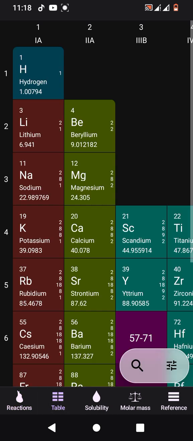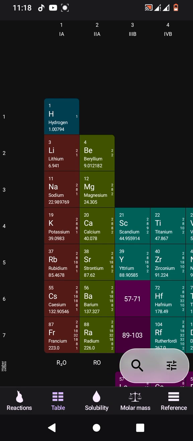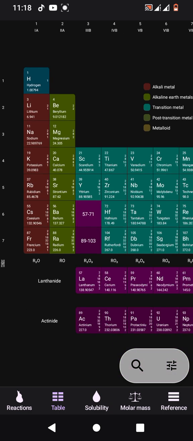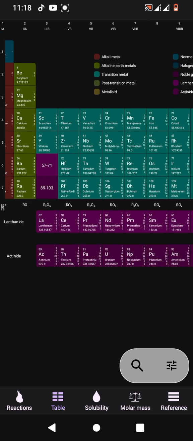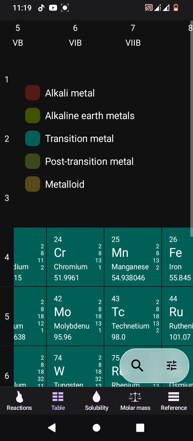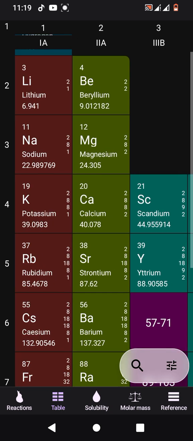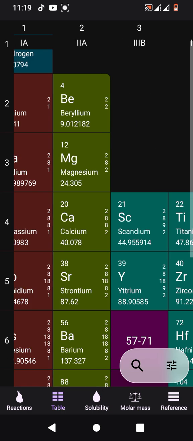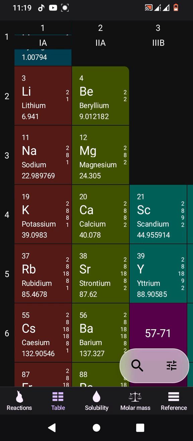So right here we've got our periodic table, and it's a pretty detailed periodic table, because first of all we could see our key. We've got some alkali metals right here on our first column. We've got some alkaline earth metals on our second column. So we'll do the periodic table in detail when we get to our chapter on periodic tables.